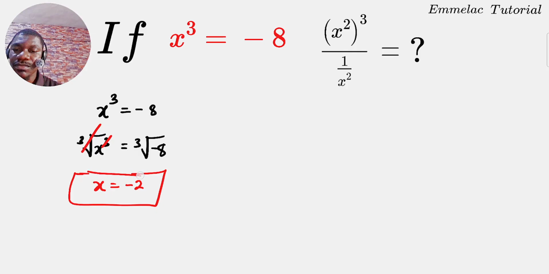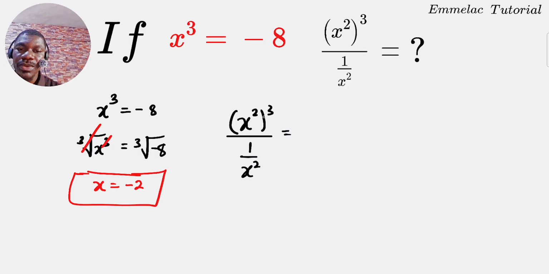Fine. So the next thing we need to do is just to plug in the value of x into this expression. So here we have x raised to 2 all raised to 3, then all over 1 all over x raised to 2.